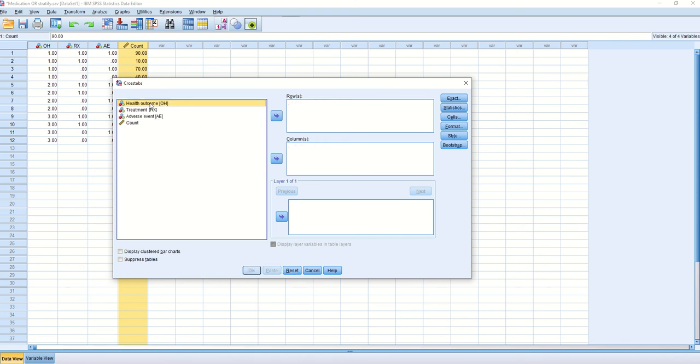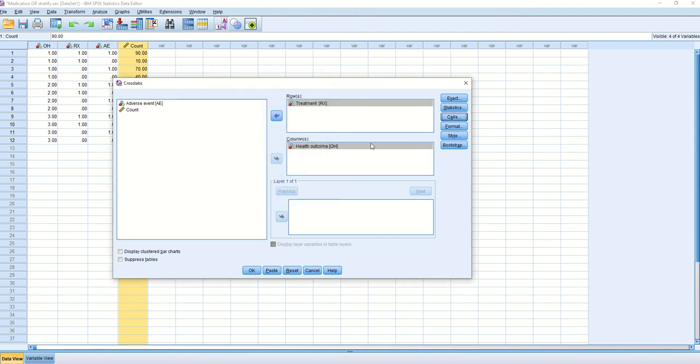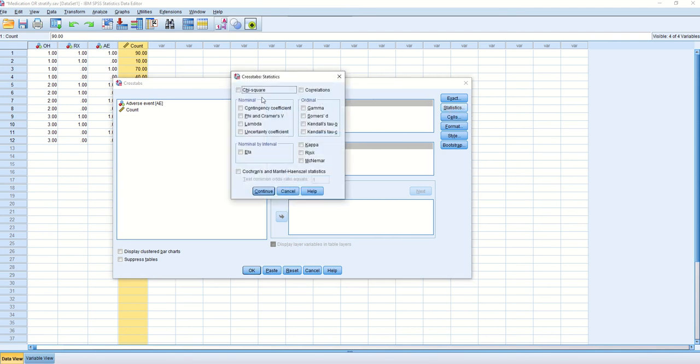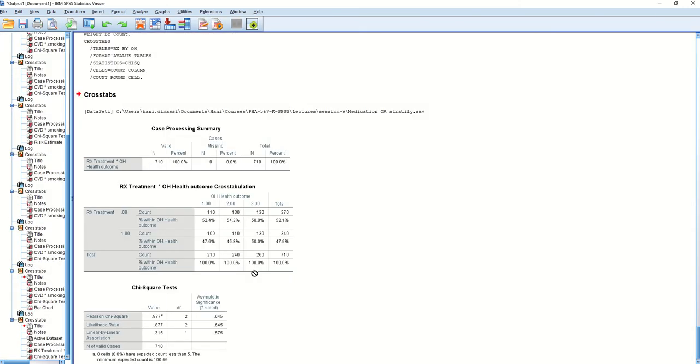The health outcome is probably the grouping variable, so I'll put it in the columns. The treatment Rx, I will put in the row. And let's go to cells and request the column percentage. And for statistics, we're going to ask for the chi-square as well. Click continue, and I think we're ready to run the analysis.